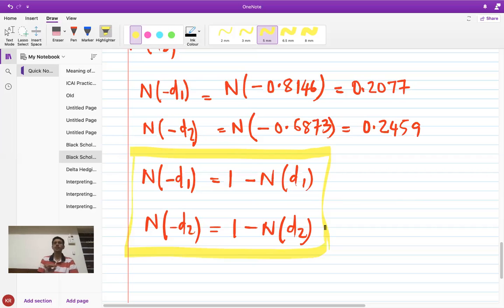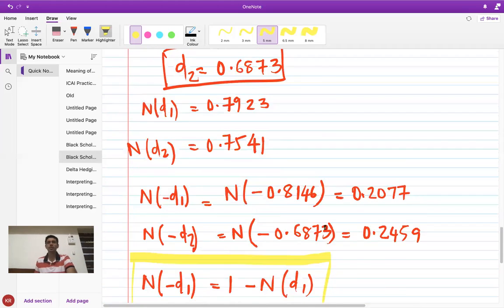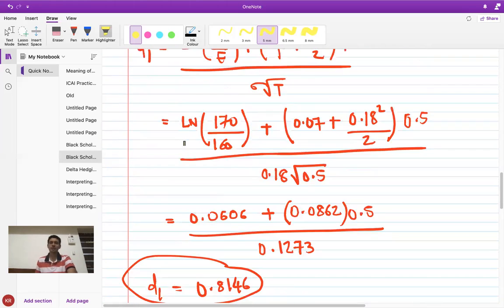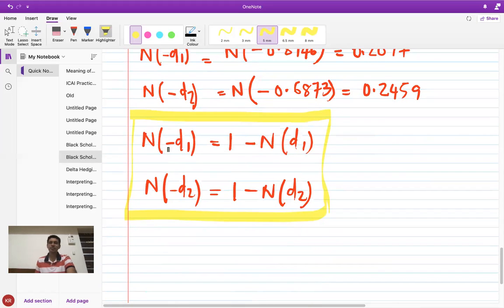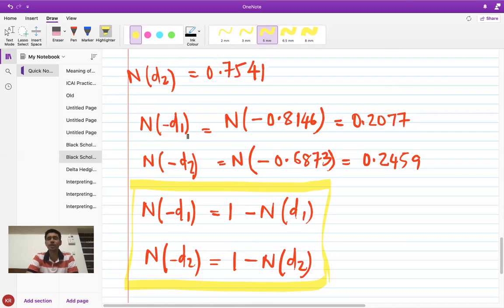So we have to remember that N of minus D1 is nothing but 1 minus N of D1, and N of minus D2 is nothing but 1 minus N of D2. It is enough if you calculate the normal table distribution value for D1 and for D2. I showed it to you with Excel.